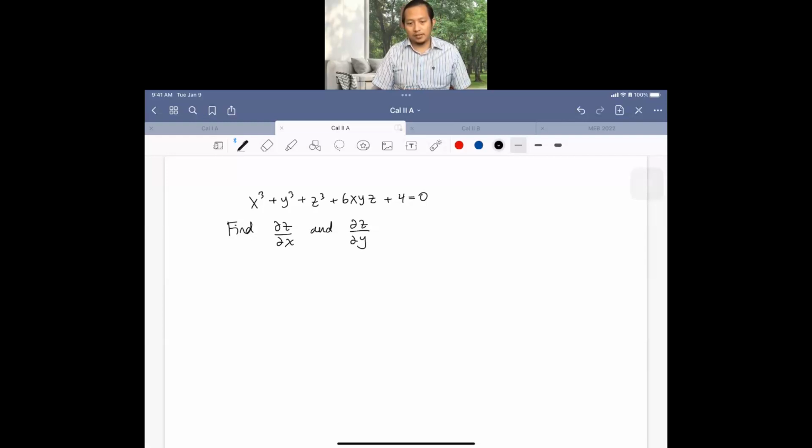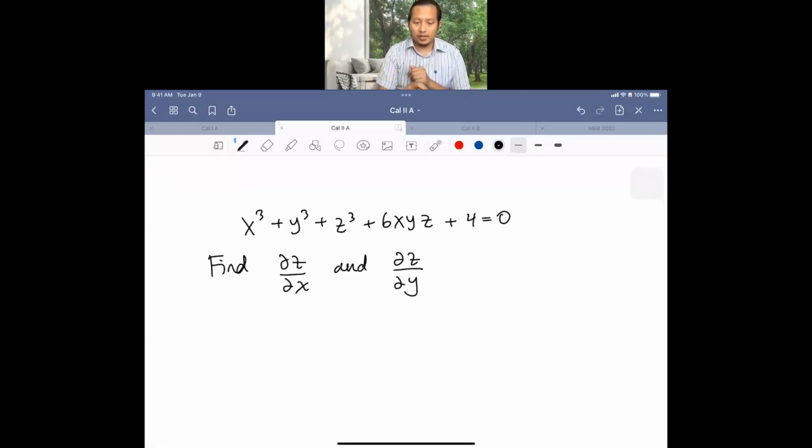Now, how to deal with this question? We have a function, or an equation, that has 1, 2, 3 variables, and we need to find these two.